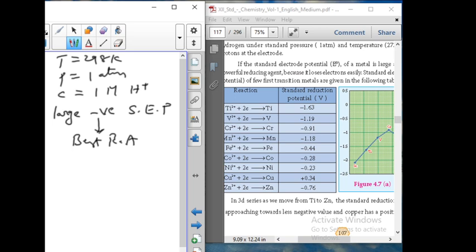At the same time, a large positive standard electrode potential means the best oxidizing agent.